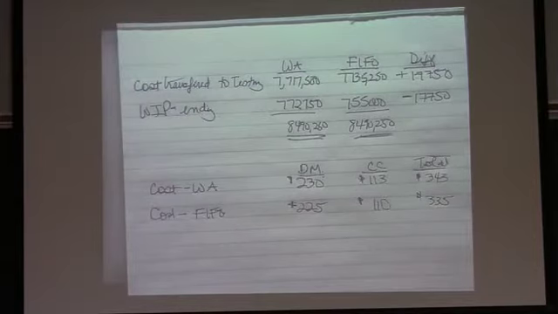So you could see that the per unit cost under FIFO is much less. Okay, so that means that whatever we're costing out as part of work in progress ending is going to be less because the per unit cost is less.